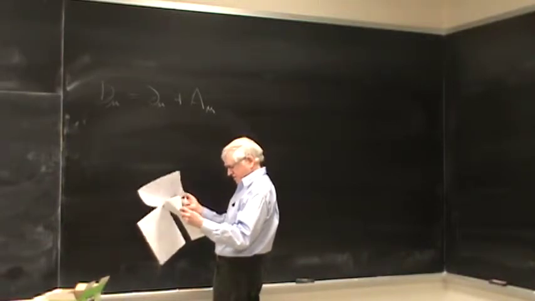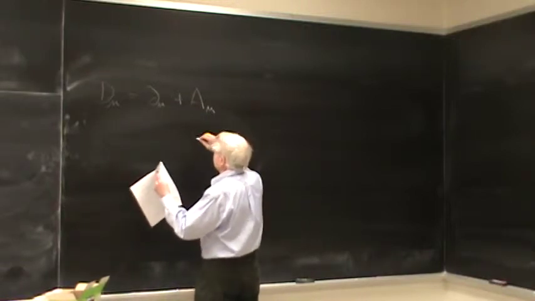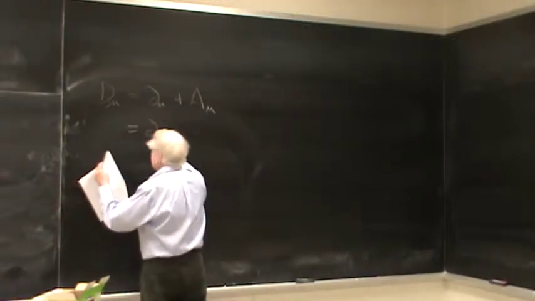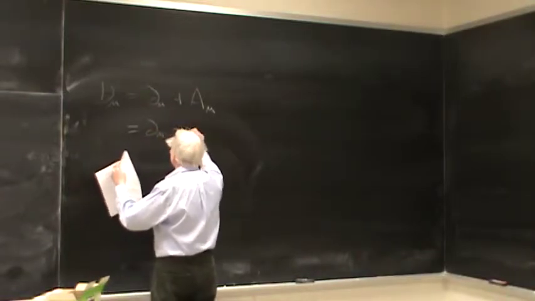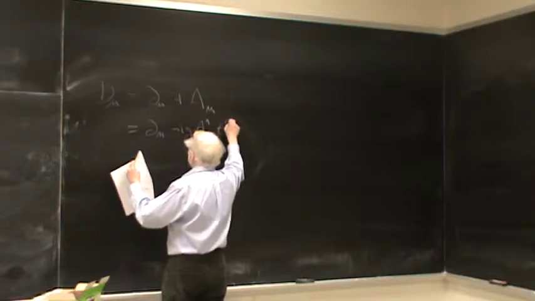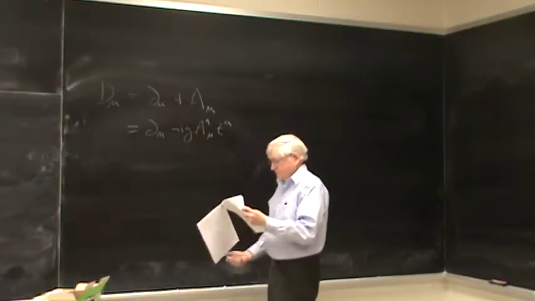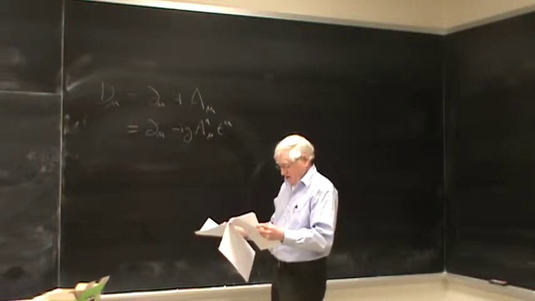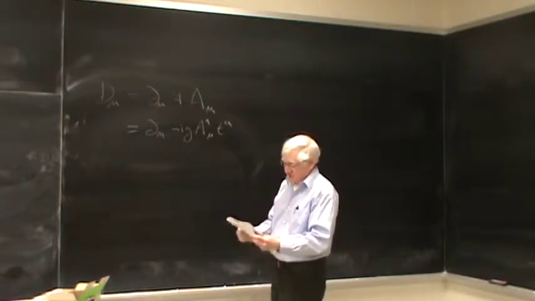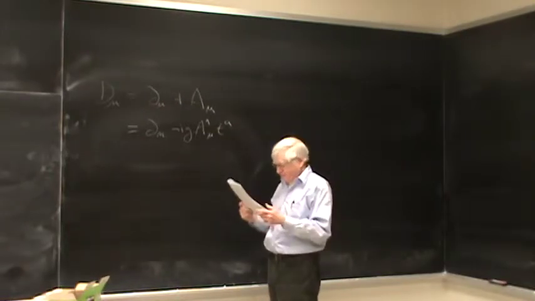The way Schwarz does it is d mu minus i g A mu, where the T^a are, of course, the generators of the Lie algebra.